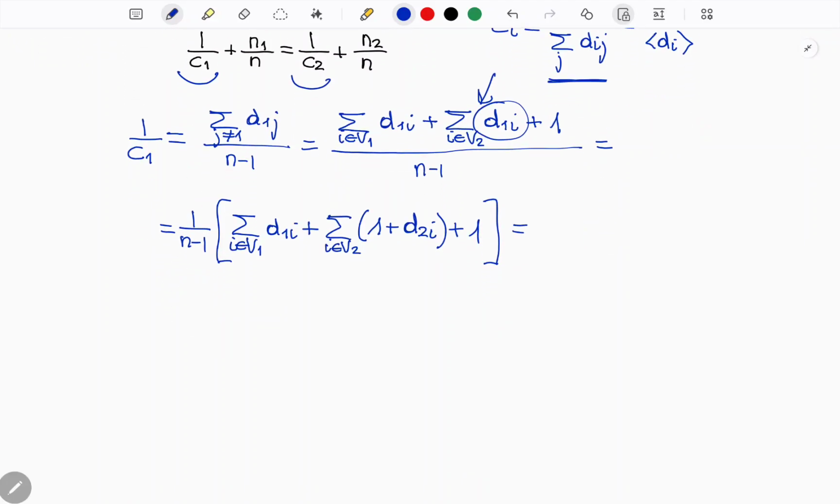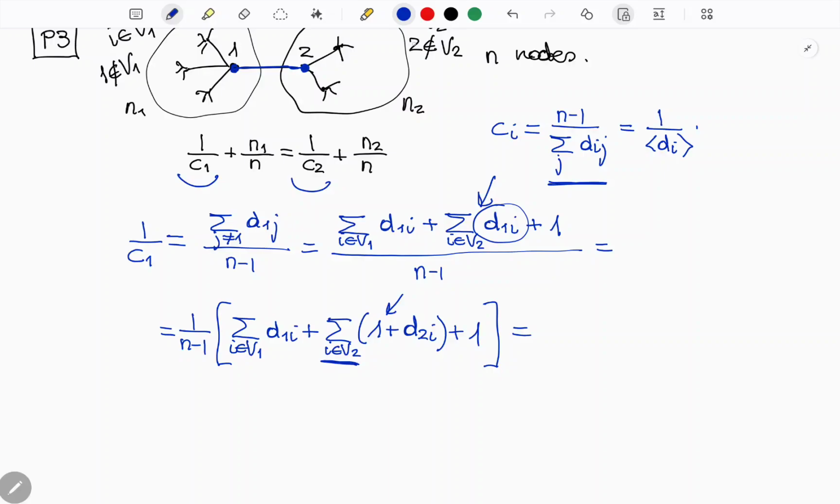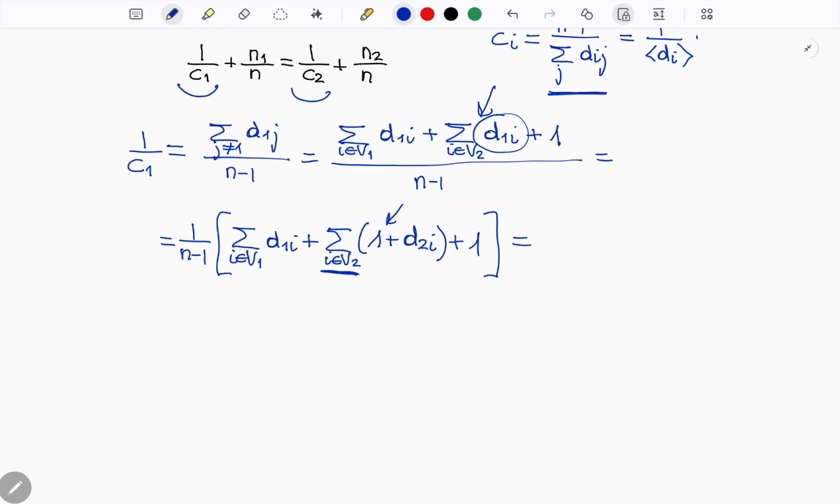If I rewrite this, remember that this part over here is the summation of 1 over all the elements that belong to V2, and remember that node 2 is not included in V2. So how many nodes are there in V2? They are going to be n2 minus 1.